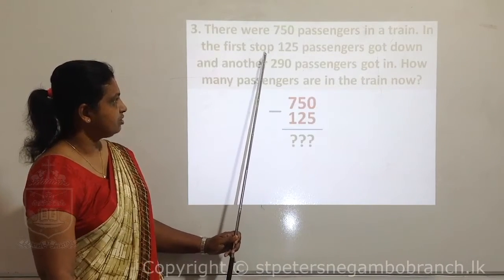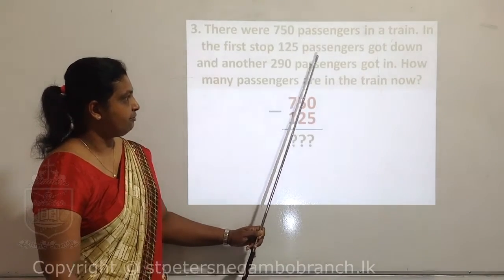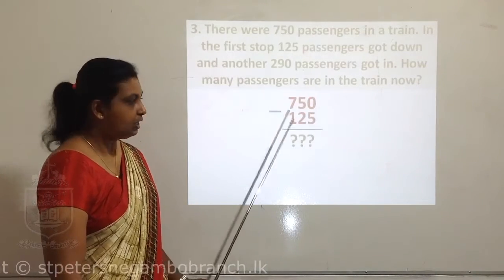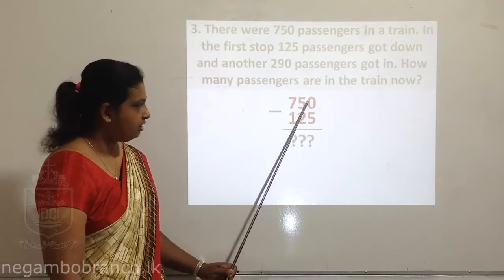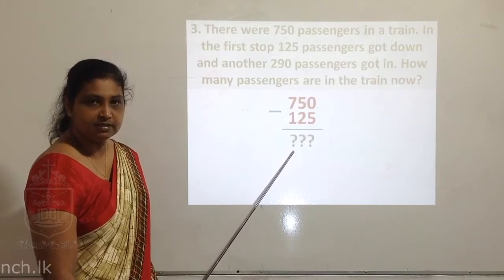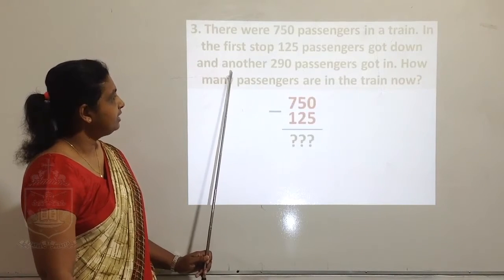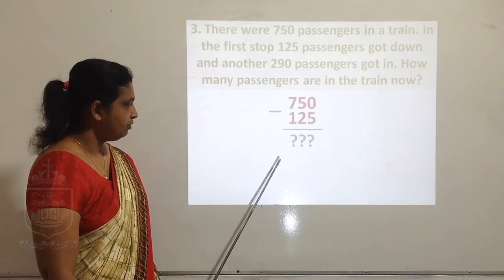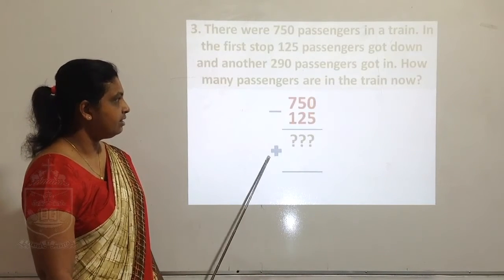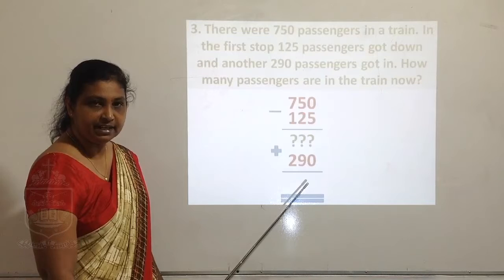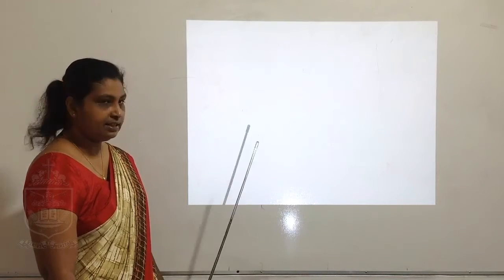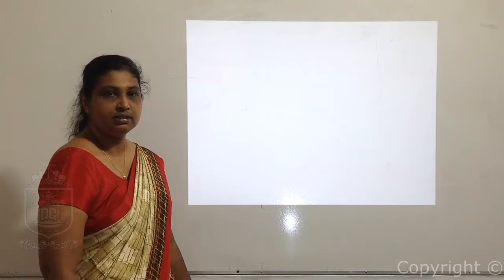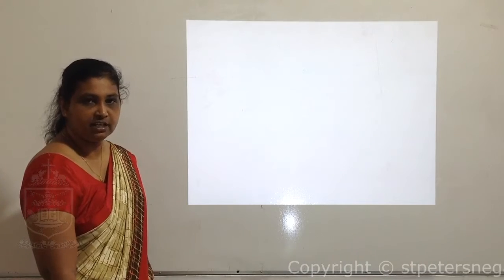In the first stop, 125 passengers got down. Got down means you have to subtract. So after subtracting, you will get an answer. And another 290 passengers got in. So second part, you have to add this 290. Then you get the answer, the total number of passengers in the train now.